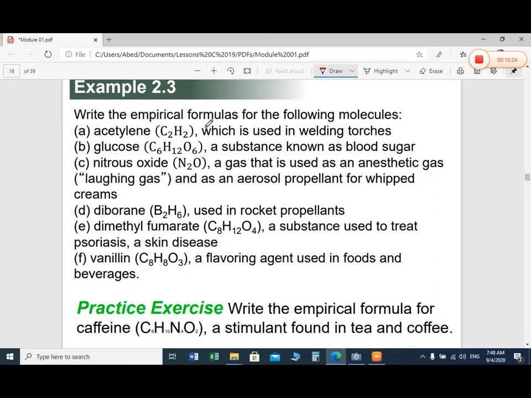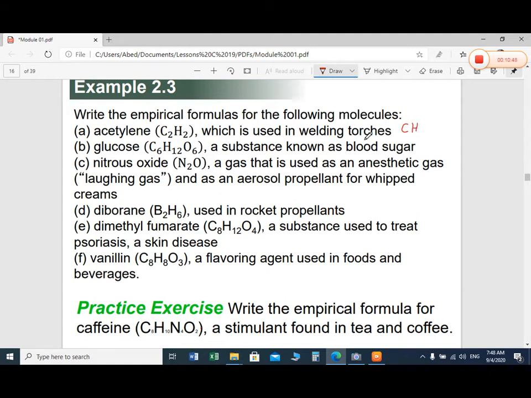So the first part A is acetylene, C2H2. It is very clear here that you can divide by 2. So the answer will be C1 and H1, because we divide by 2. Very simple.